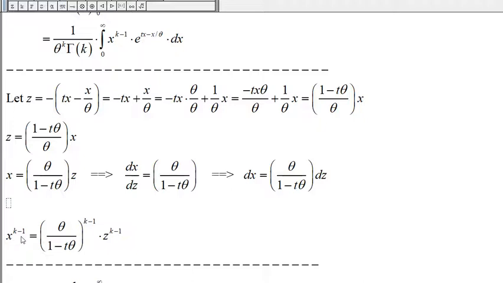Then we get x to the k minus 1 is equal to theta over 1 minus t theta to the k minus 1 times z to the k minus 1. So in the place of x to the k minus 1, we'll replace it with this.